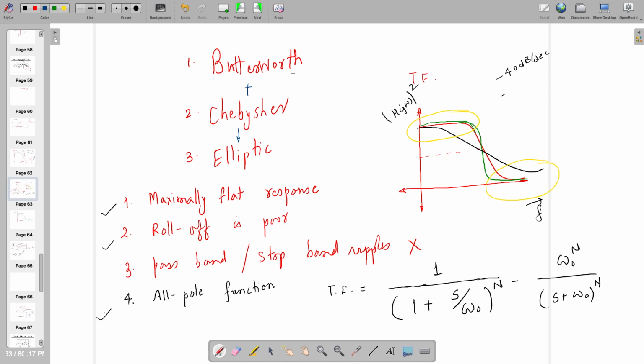It will take some good characteristics of Butterworth and good characteristics of Chebyshev and keep them for the next approximation. So that is what we are calling elliptic. However, in reality, people avoid using this one because mathematically the equations are very complicated and it's not intuitive. So people are not using elliptic.